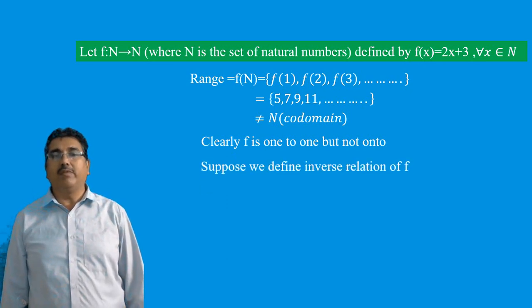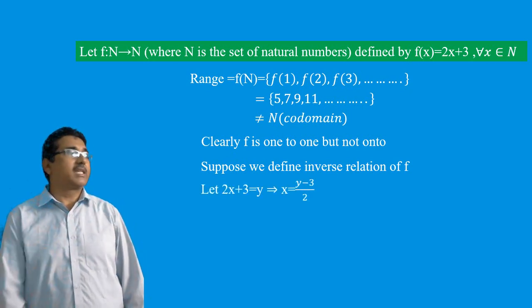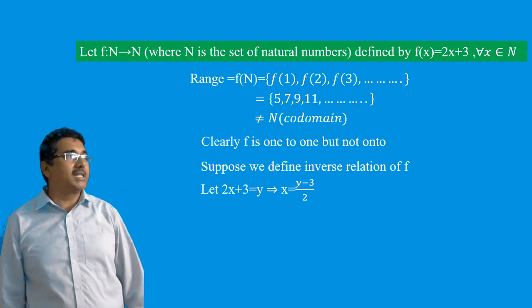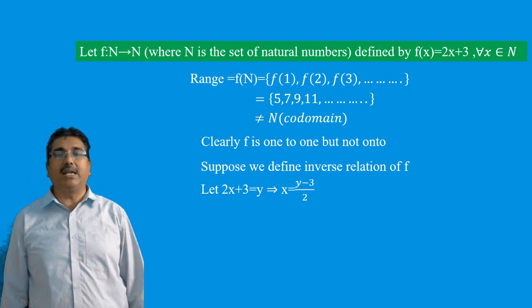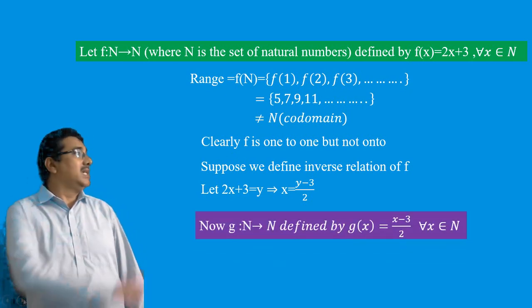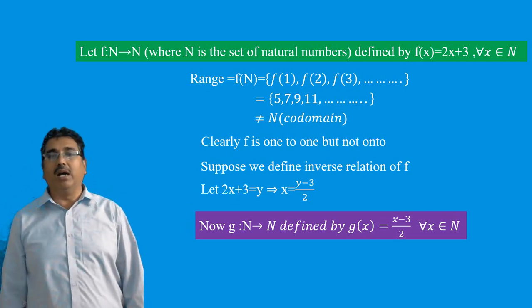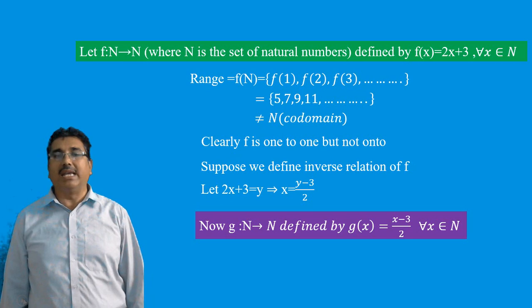Suppose we define the inverse relation of f. For that, let 2x plus 3 equal y. That implies x is equal to (y minus 3) by 2. Now, g mapping from N to N defined by g of x equal to (x minus 3) by 2.